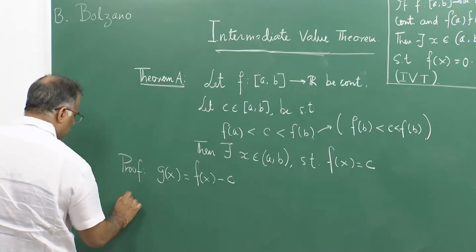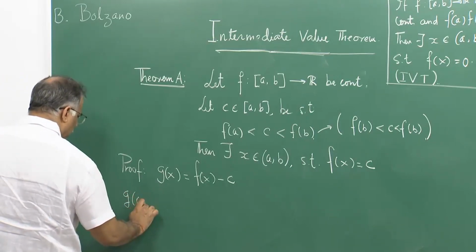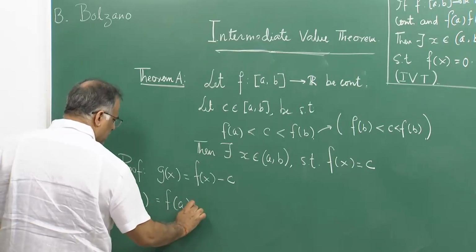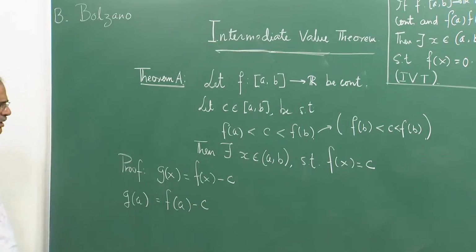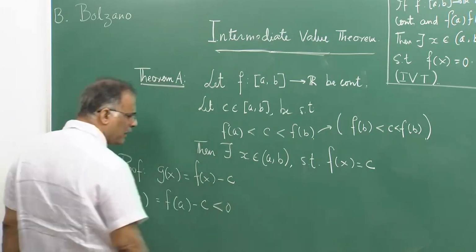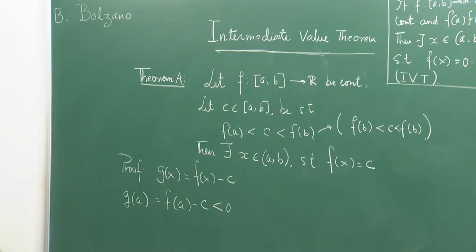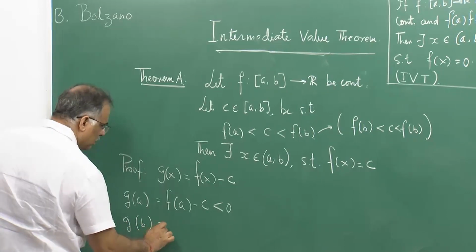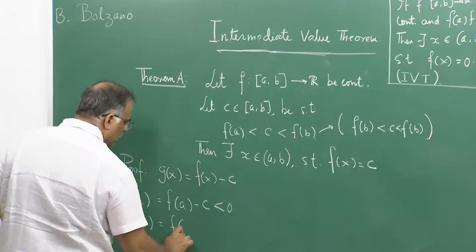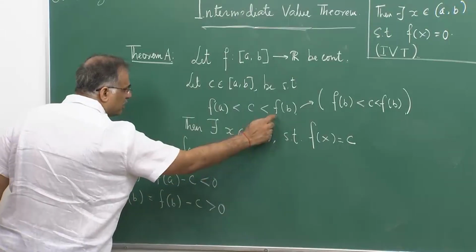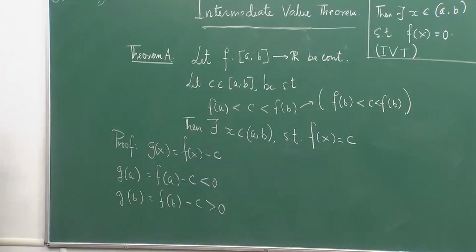Then let us look into what g(a) is: g(a) is f(a) minus c. f(a) minus c is negative, because f(a) is strictly less than c. And what is g(b)? It is f(b) minus c, which is strictly positive, because f(b) is strictly bigger than c.